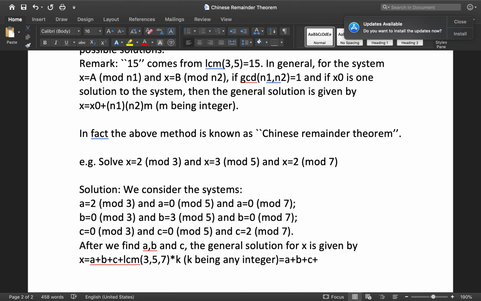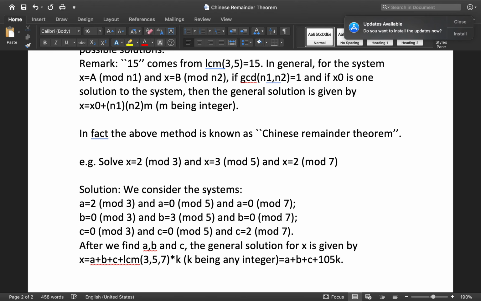You can even simplify it a little bit, because you can find the LCM of 3, 5, 7 explicitly and that gives you 105. So 105 times k. That means if you can get a, b, and c, you're done, because the general solution is just the sum, and then you add 105 times k, and that's it.